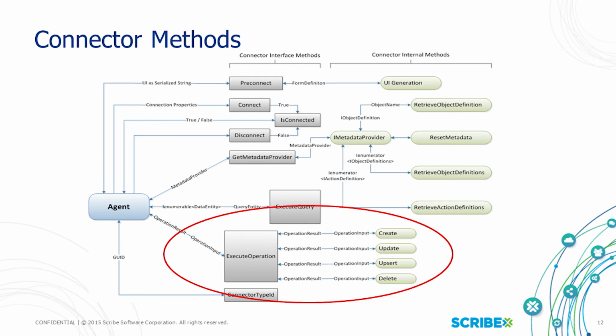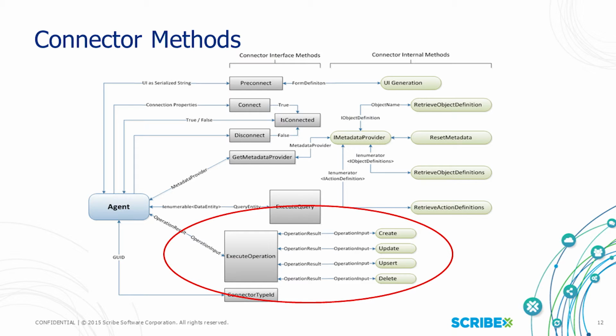And that's pretty much it for execute query. The next section, the last of the four components required for a Scribe Online connector, is the execute operation component. The execute operation encompasses the remainder of your CRUD operations: your create, your update, your upserts, and your deletes.